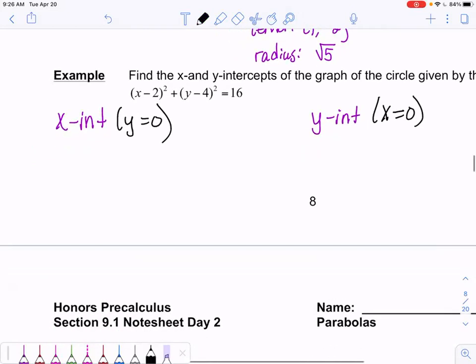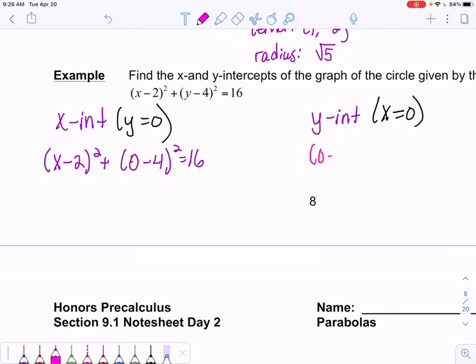So in this problem, for the x-intercept, she said let y equal 0. So (x minus 2) squared plus (0 minus 4) squared equals 16. Or (0 minus 2) squared plus (y minus 4) squared equals 16. So you're solving for either x or y, depending on the intercept you're finding, by letting the other variable be 0.